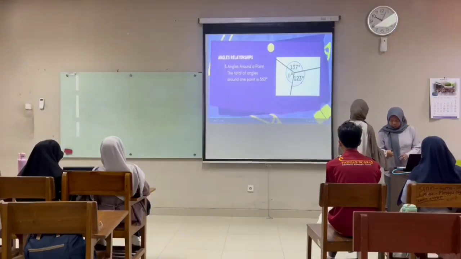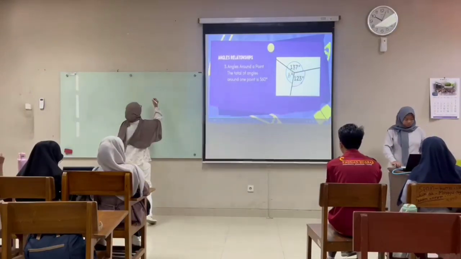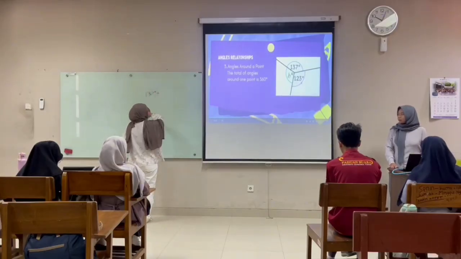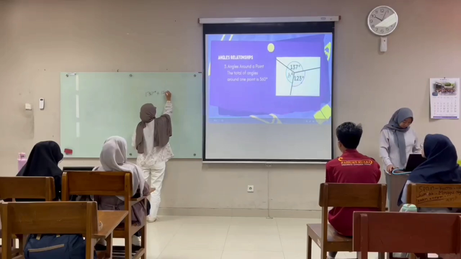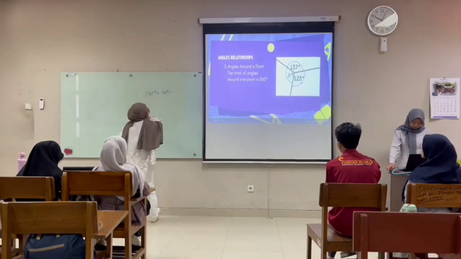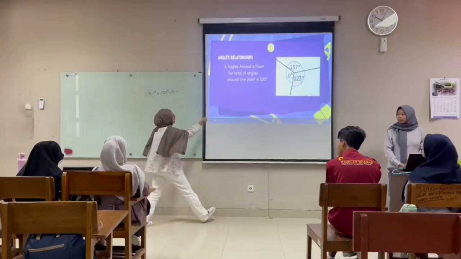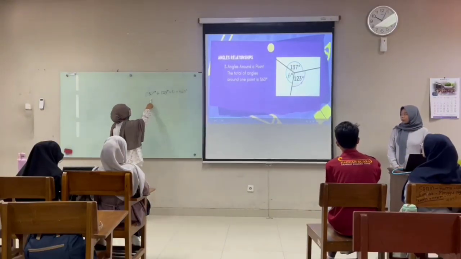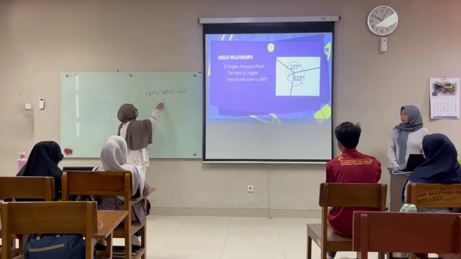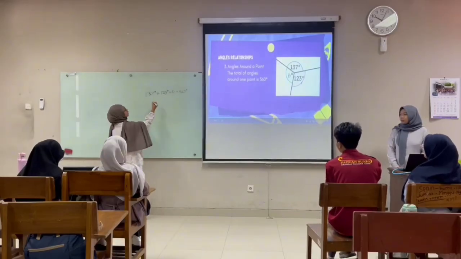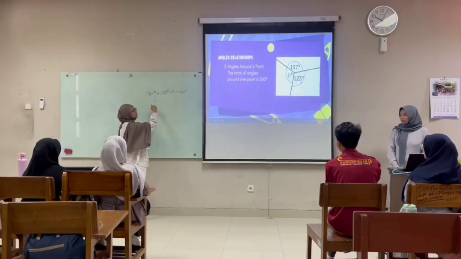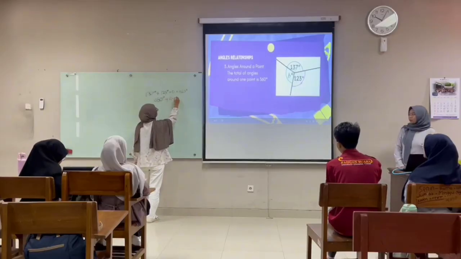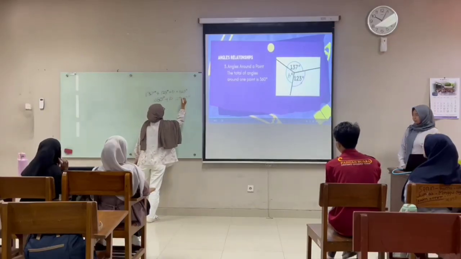For example, we have 137 degrees plus 123 degrees plus P is equal to 360 degrees. 137 plus 123 is 260 degrees, plus P is equal to 360 degrees.